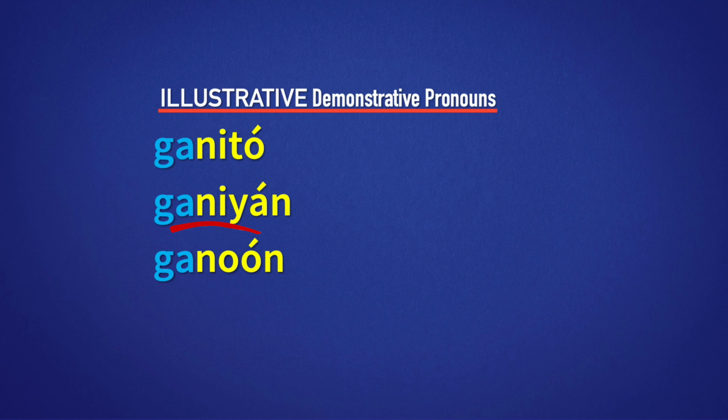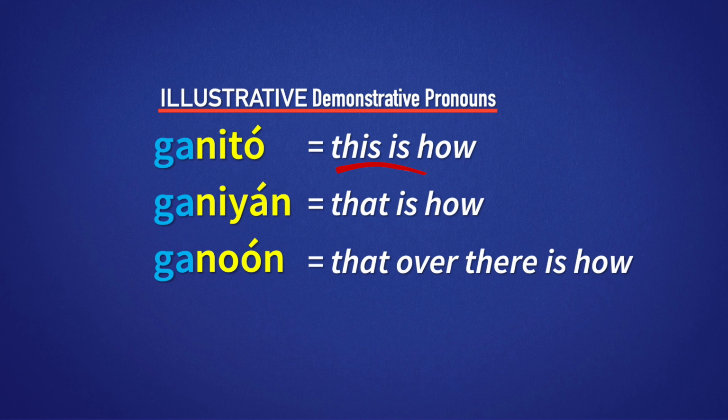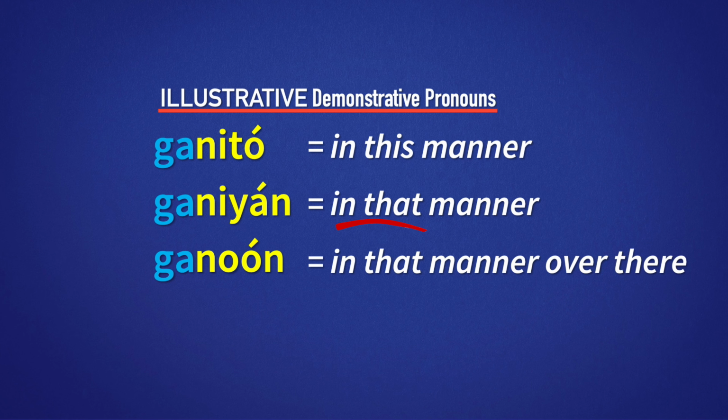Ganito, ganiyan, ganoon. Like this, like that over there. But they can also mean this is how, that is how, that over there is how, and in this manner, in that manner over there.